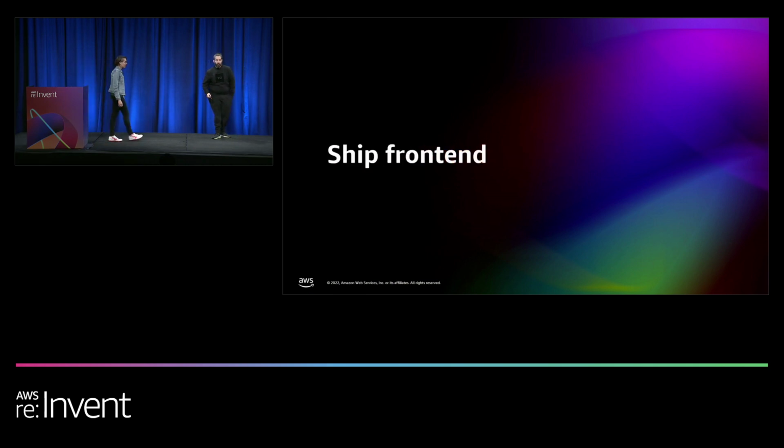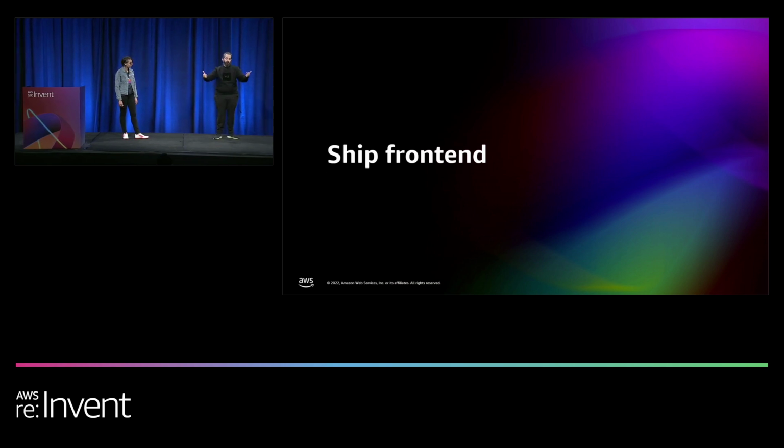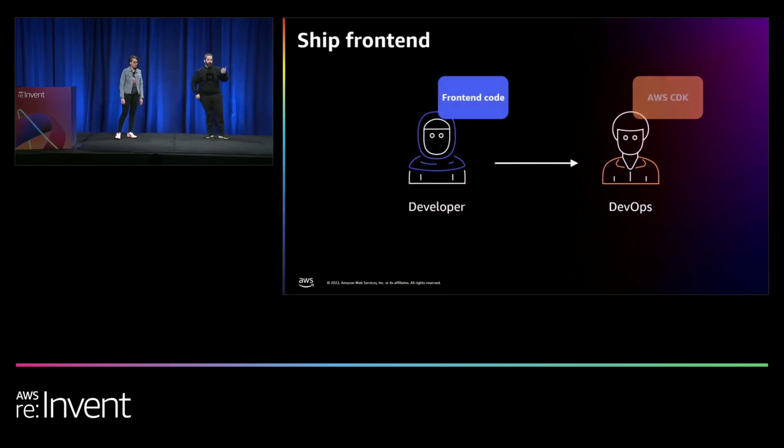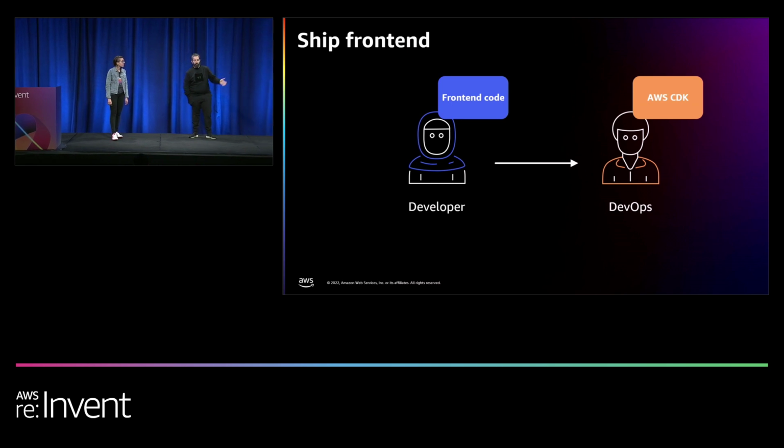OK. So now after we've shipped the backend, right, like we can push that backend up to the cloud, we have that infrastructure. We still need a way to push or to publish our front end. So that's the next step we took. And in a normal workflow, you have your developer that's working on the front end code.